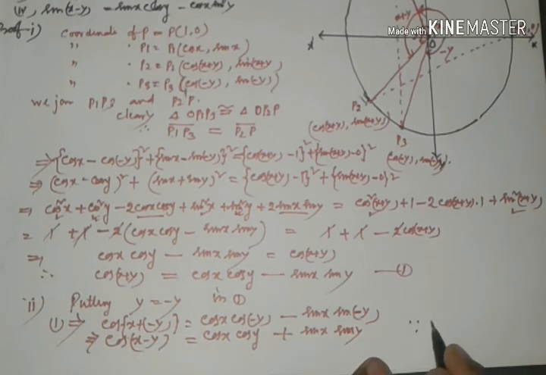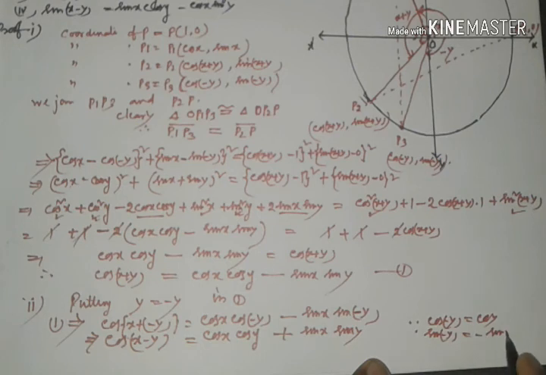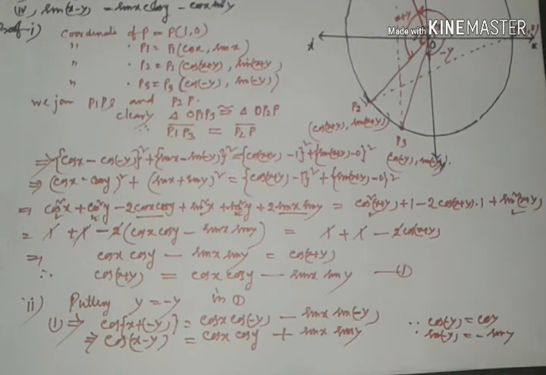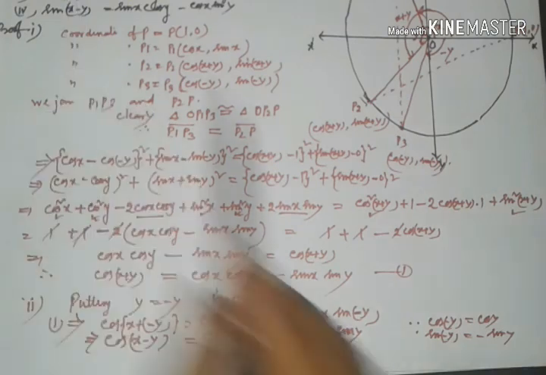Since cos minus y is equal to cos y and sin minus y is equal to minus sin y, we can easily prove that. So this is proof number 2.